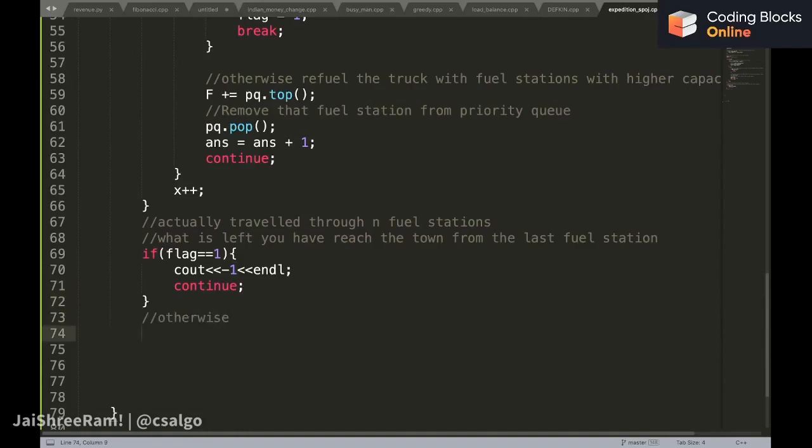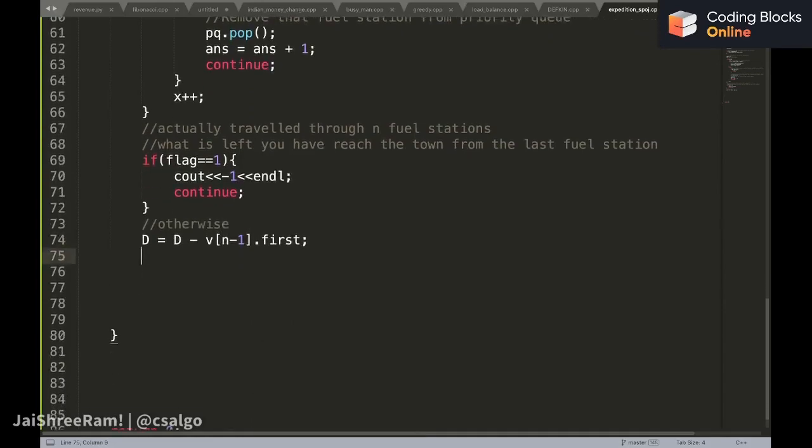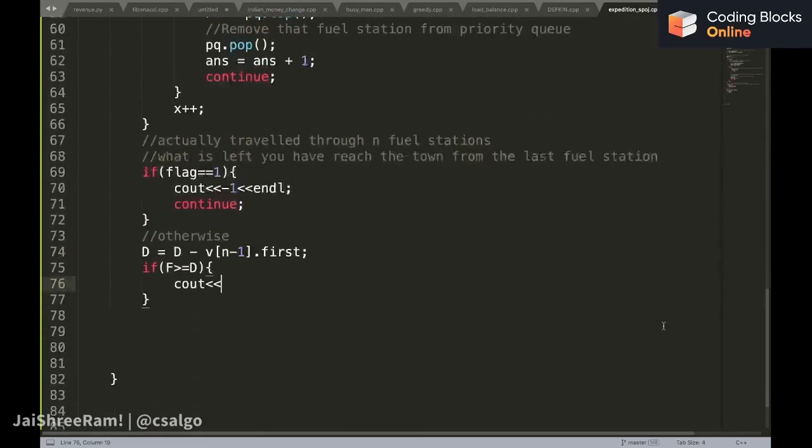The distance of the town from the last filling station is d minus v of n minus 1 dot first. If you have enough fuel to cover the last distance, then you can say cout whatever answer you have, how many stops you have visited, and continue.